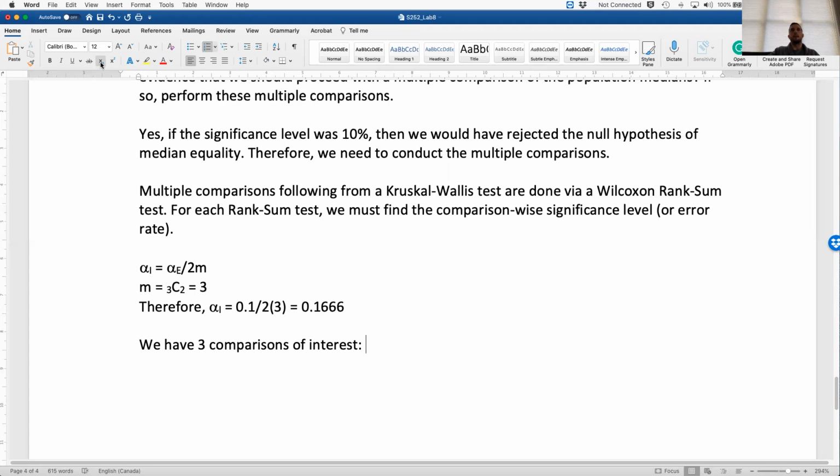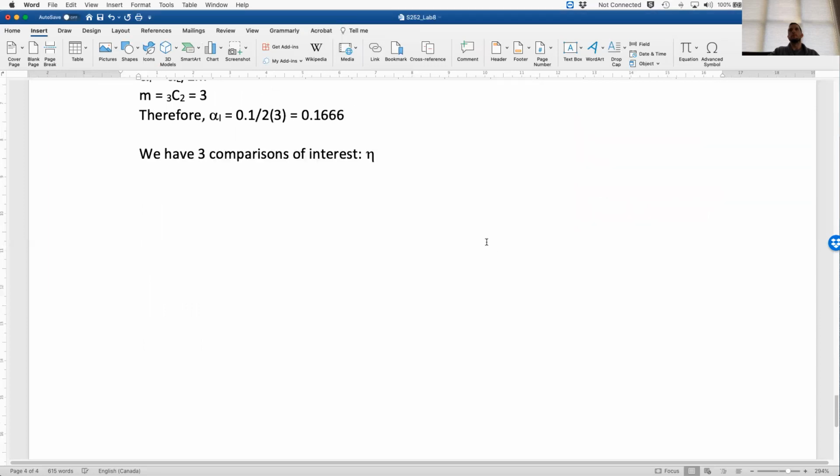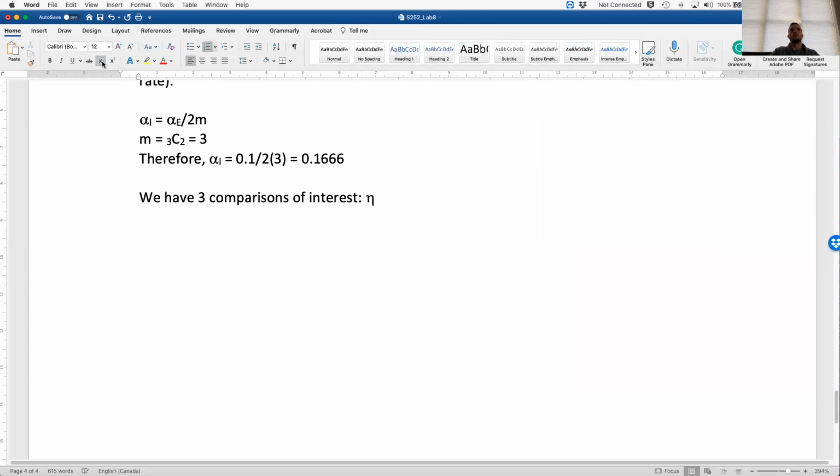We will have median A versus median B. We will have median A versus median C. And we will have median B versus median C.